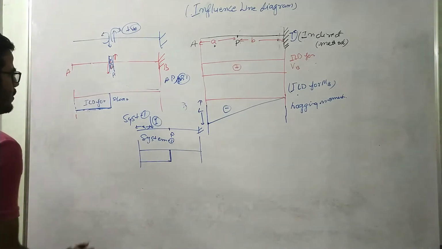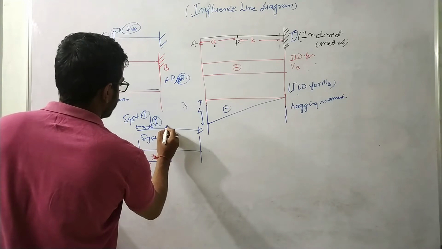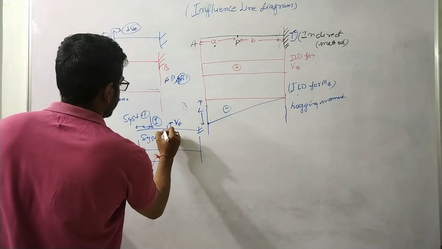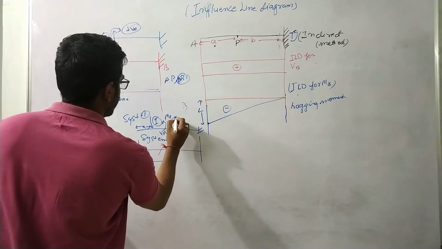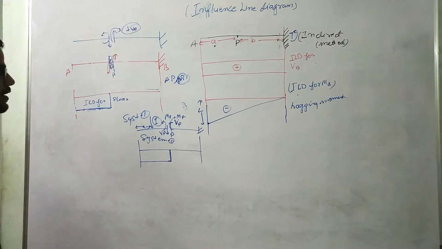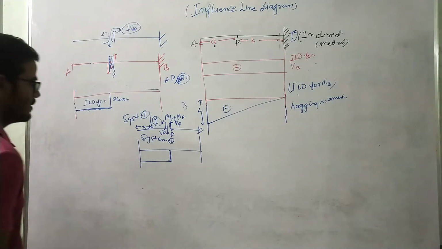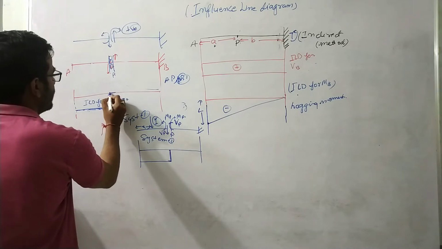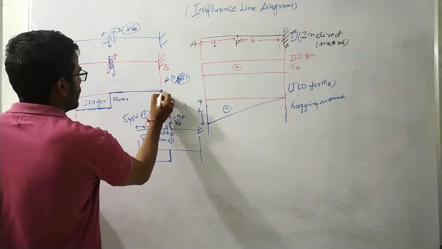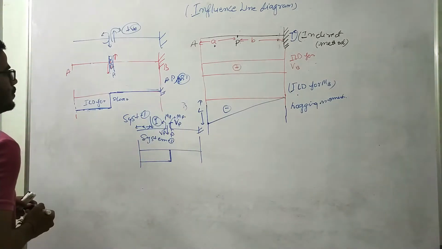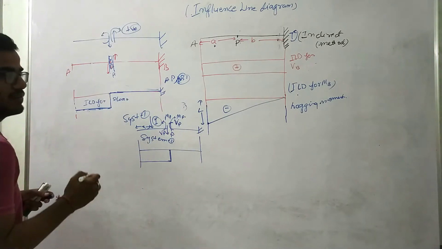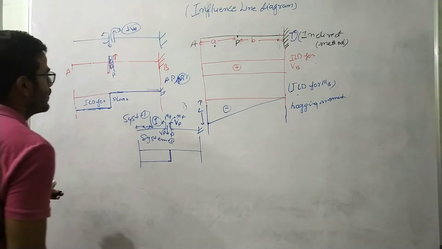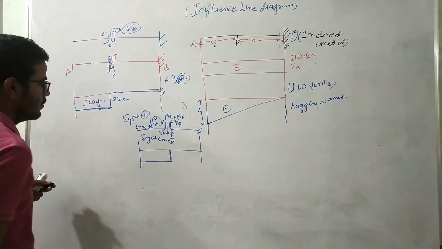If we apply Betti's law between these two systems, at this vertical here we'll have one shear force VP, and one moment MP. We are not taking work done due to MP because they will cancel out each other, right. The slope is 0. Here also you can see that the slope is 0, and this portion will remain straight. So this is the ILD for the shear force at point P. When the unit load is acting at this point, the shear force is 0.